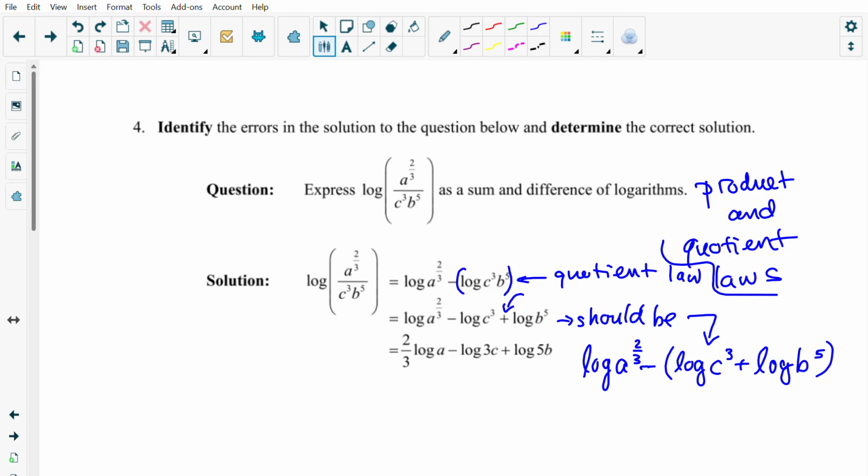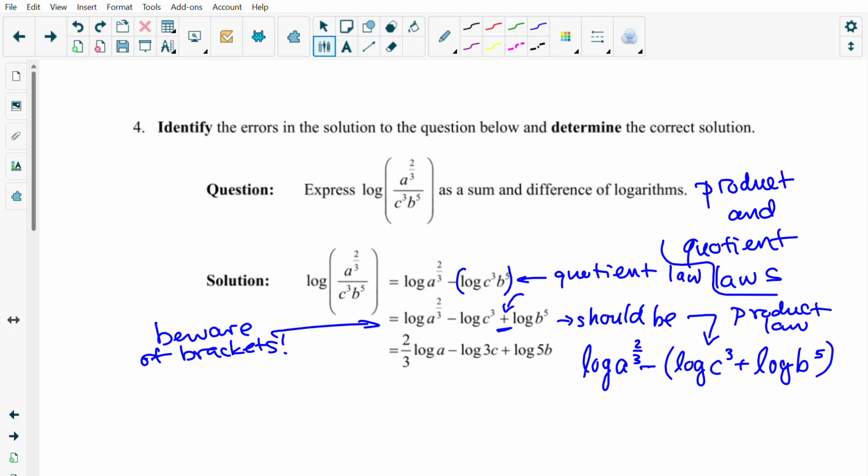I need to use brackets, right? Because this minus sign gets distributed through. That's a different sign than this plus sign. Okay, so be careful when you're applying the product law here. So I'm going to put a little note here. Product law. And then beware of brackets. Okay, always a safe bet to use brackets.